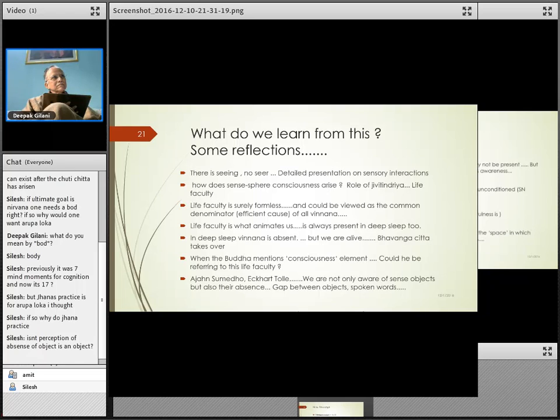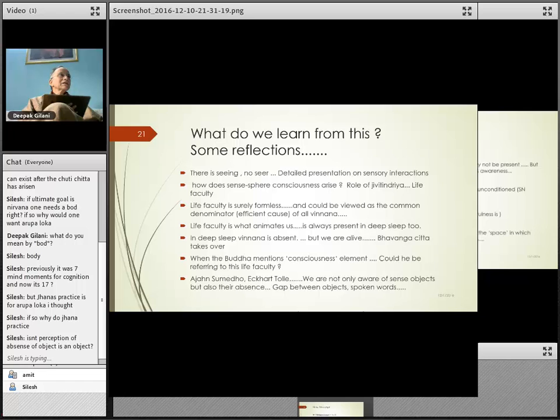Silesh is asking, isn't perception of absence of object an object? No, what is the object? The perception of absence. There is no object there, and I'm still aware that there is no object. I'm not able to see. मेरी आगे तो ठीक थी, क्या हो गया, अंधा हो गया मैं, दिख ही नहीं रहा है.